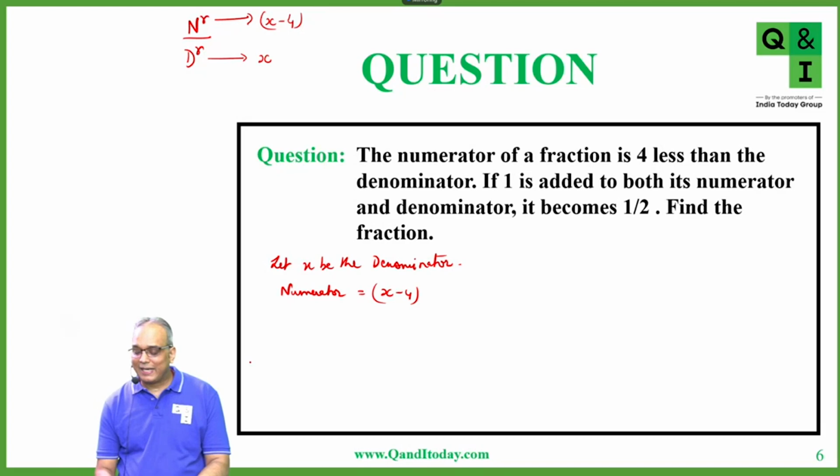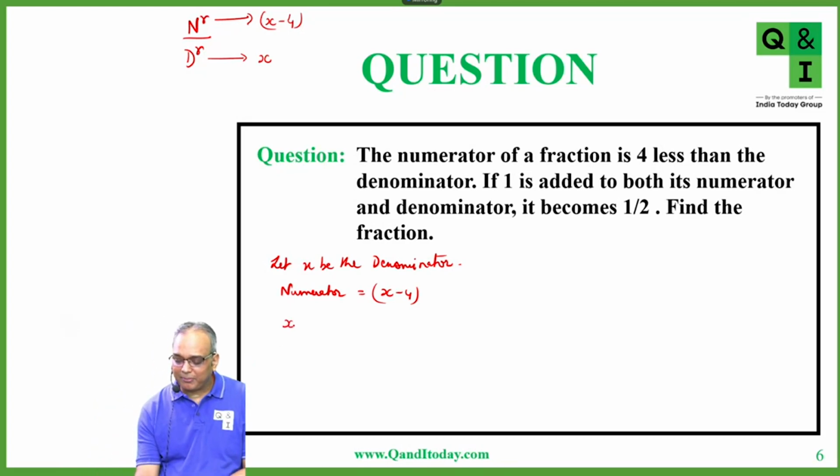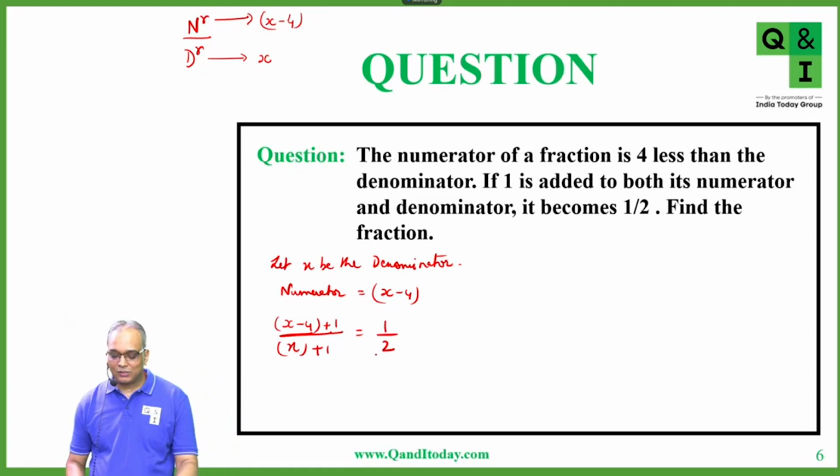Now if 1 is added to both its numerator and denominator, my fraction is x minus 4 over x. Now they are saying if we are adding 1 to both numerator and denominator, the fraction is going to be 1 by 2. So x minus 4 plus 1 divided by x plus 1 is 1 by 2.